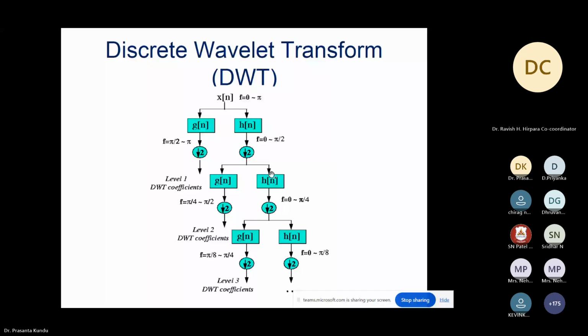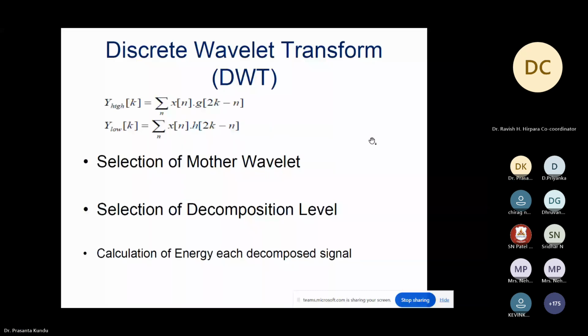Now, the challenge here is how to select the mother wavelet. This is common for any type of signal processing wherever the discrete wavelet or any wavelet transform is adapted: selection of the mother wavelet and selection of the decomposition level. The decomposition level is selected based on the energy of the required cases.